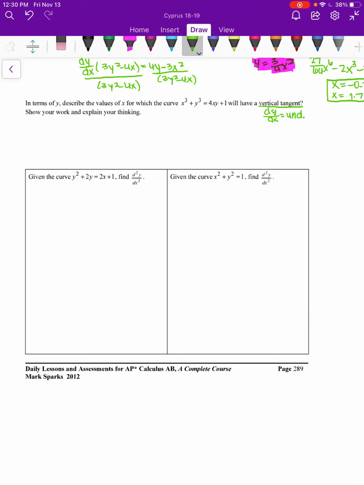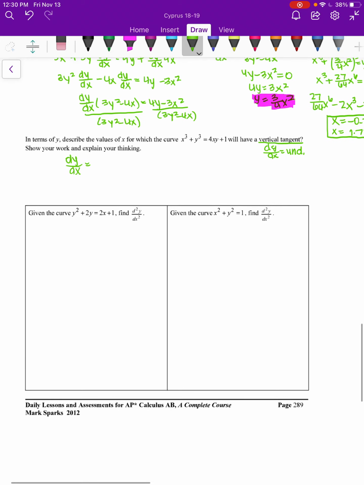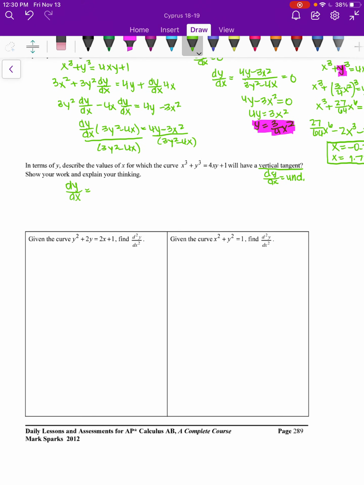Okay, so we know what dy/dx is. We solved that in the step before. So dy/dx was equal to (4y minus 3x squared) over (3y squared minus 4x). For this to be undefined, that means that the denominator is equal to 0. So 3y squared minus 4x is equal to 0.